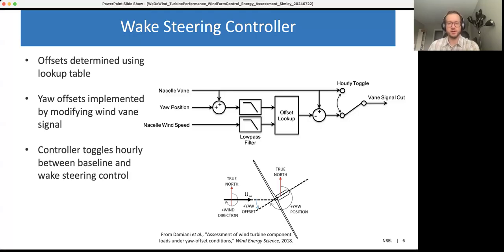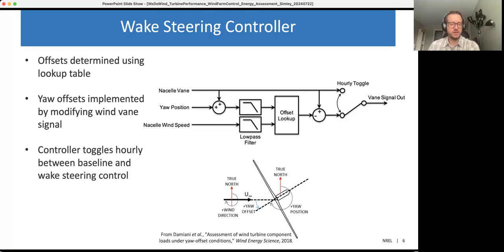Those are inputs to our lookup table. We get the optimal or the target yaw offset in the lookup table for those wind conditions, and then subtract that from the wind vane signal, send that modified wind vane signal to the turbine's yaw controller, and then that will induce the turbine to yaw towards the direction we want to achieve that yaw offset.